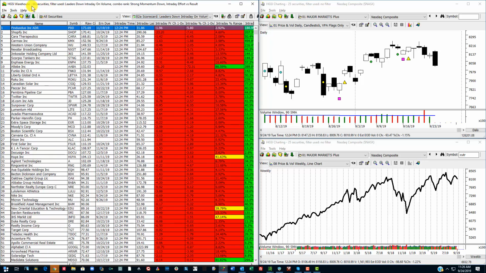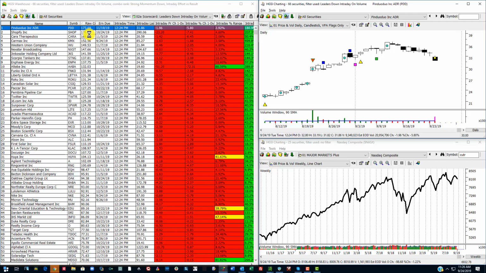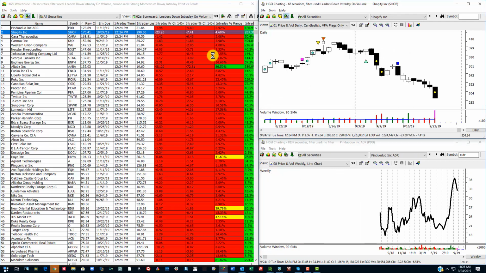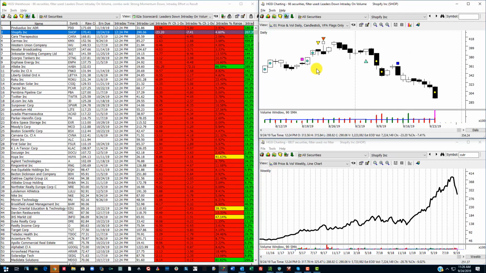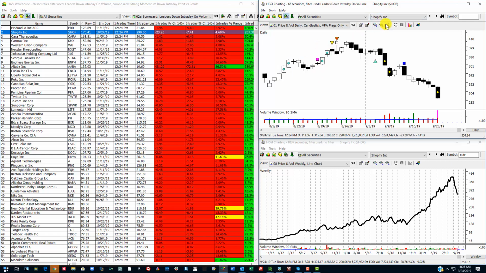You can see that there are 66 down. These are all stocks with a positive fan is what I'm trying to say. So if I bring up, well, let's bring up a stock, Shopify, for example.